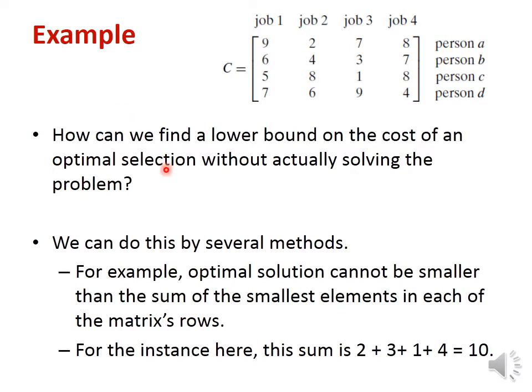So for bound computation in the branch and bound method, we can go for several methods. We can come up with several methods. One simple method that is discussed here is: the optimal solution cannot be smaller than the sum of the smallest elements in each of the matrix rows.